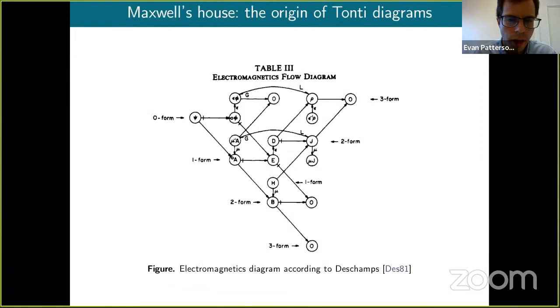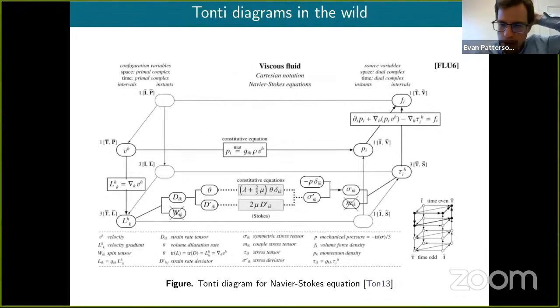And Tonti really tried to push this diagrammatic presentation to great length. Here he is trying to do the Navier-Stokes equations in some kind of diagrammatic form, and here we start to see maybe challenges of how far one can take this approach.